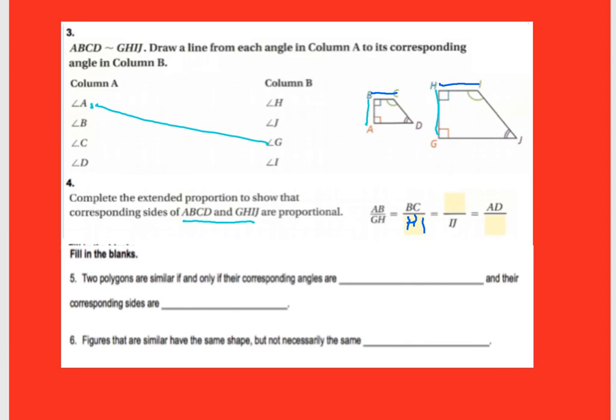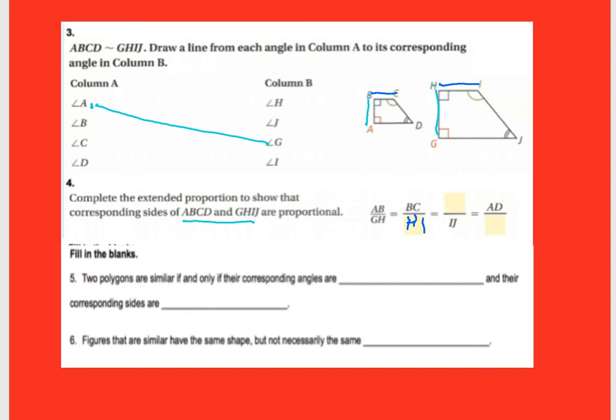Two polygons are similar if and only if corresponding angles are what? If corresponding angles are what? Two polygons are similar if their corresponding angles are equal. Equal.